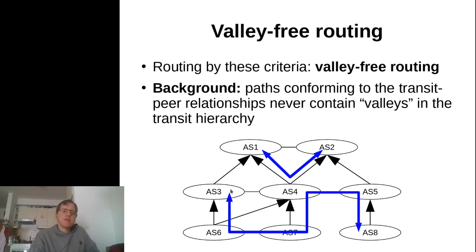So any valley is essentially a violation of one of the routing policies or the economic interests of some ASes, usually the ASes at the bottom of the valley. That's why paths conforming to the transit and peer relationships usually do not contain valleys, and this is where the name comes from.